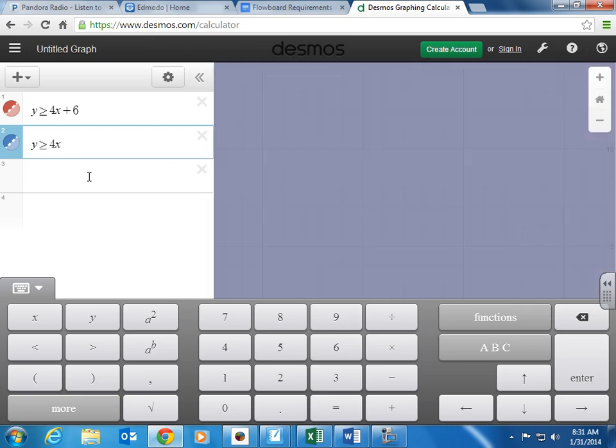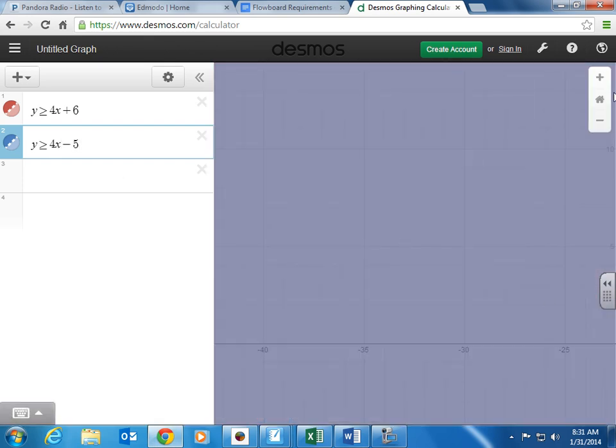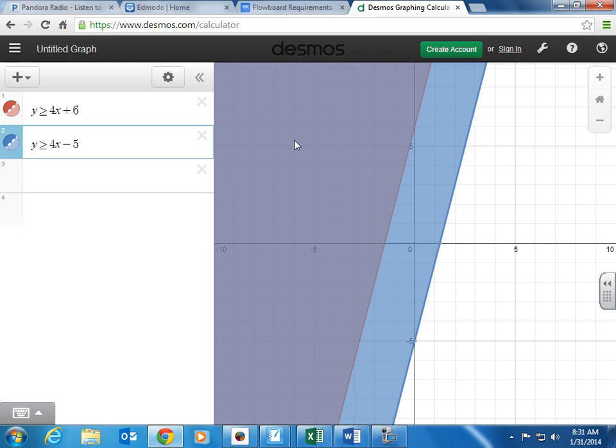Let's type that in and take a look at what just happened. Notice that our lines are parallel. We know that because their slopes were the same. They have different y-intercepts. The red line had a y-intercept of 6 right here, and the blue line had a y-intercept of negative 5. They both shaded above the line, or kind of to the left here.